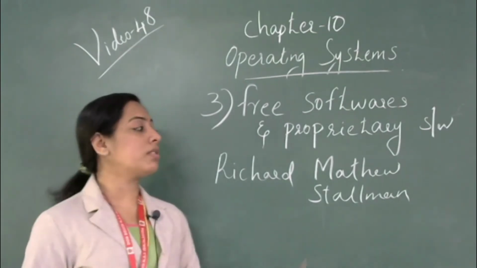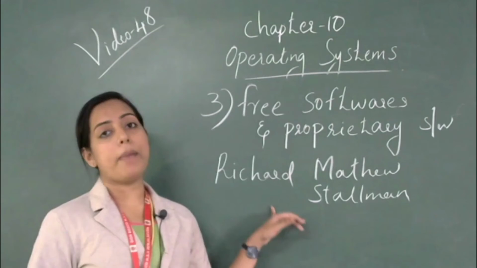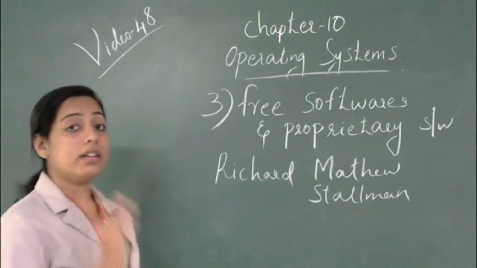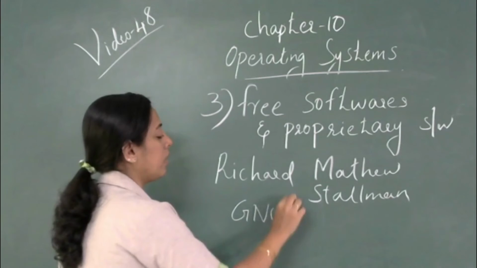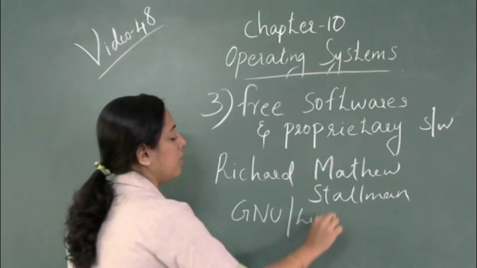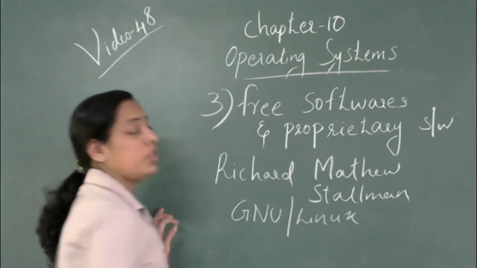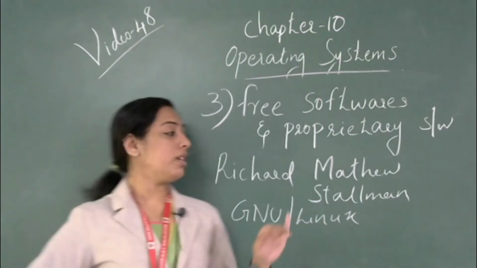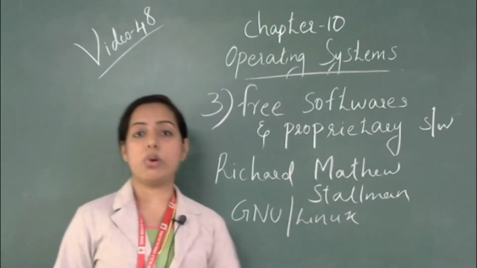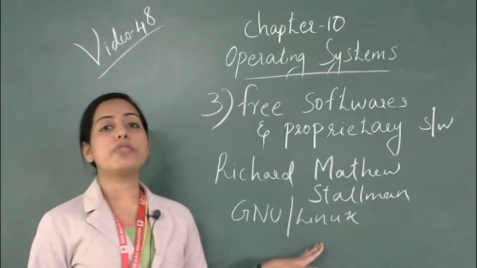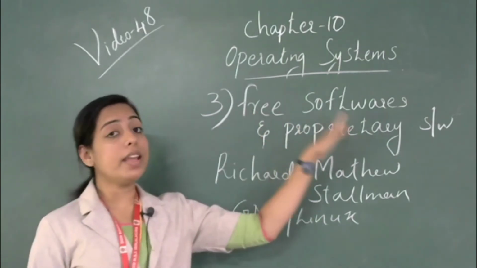Such an operating system was built by Richard Matthew Stallman, and it is termed GNU Linux. This is the story behind GNU Linux, built by Richard Matthew Stallman. Okay, and this software is considered free software.